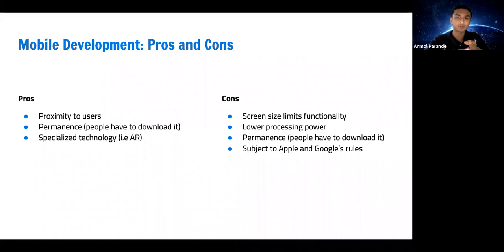If your model of revenue is paid subscriptions or through an in-app store, you actually have to give Apple and Google a commission on that money. So by being on mobile, you have to be subject to their rules and pay them the commissions. Whereas if you're on the web, you could just use Stripe's API and you wouldn't have to bother with a 30% commission that these companies are taking.